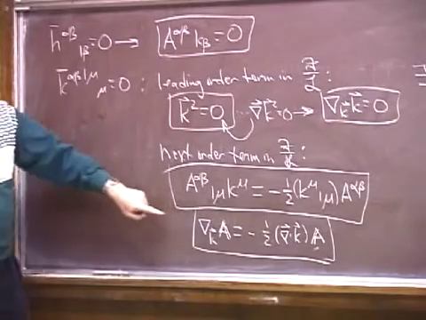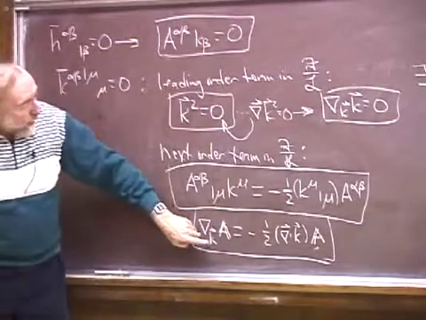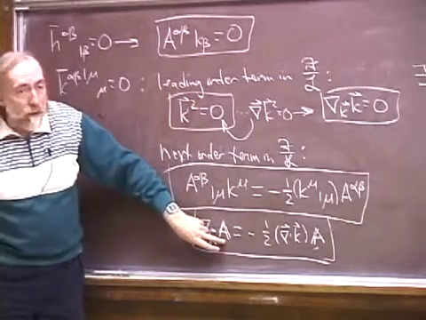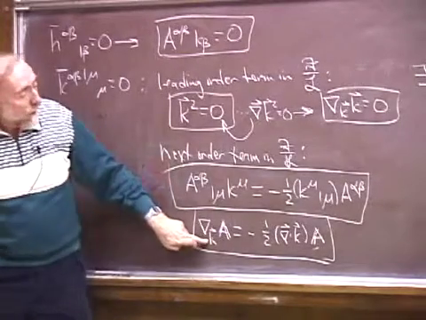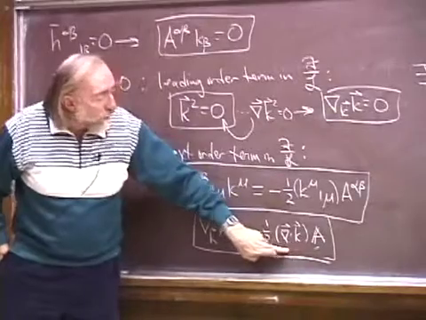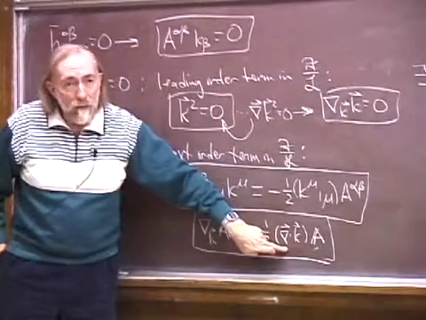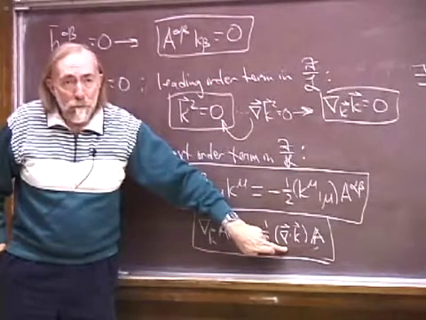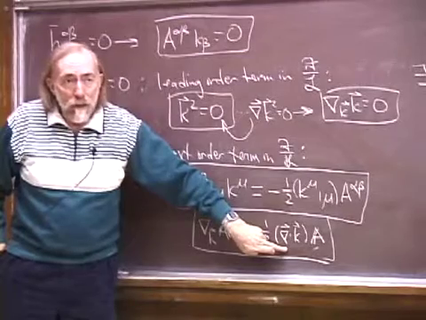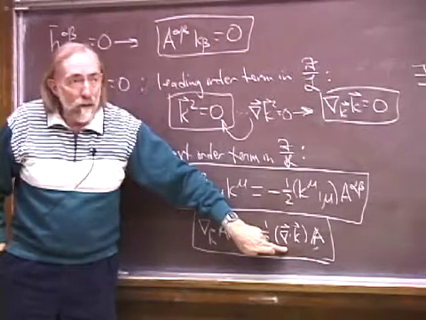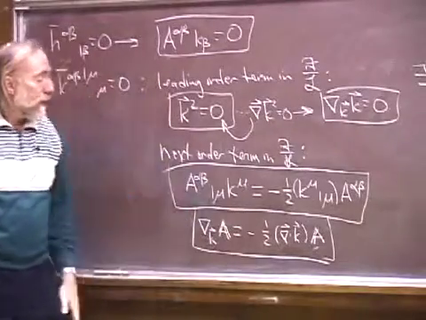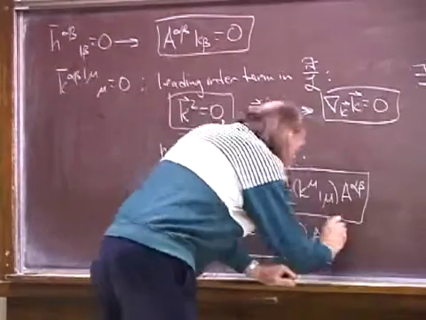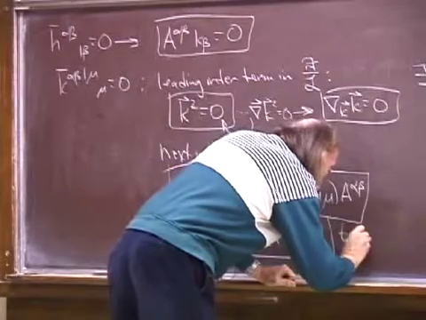What this says is that A is transported along the null rays according to a law that has it changing in some manner governed by the divergence of K. This is a transport law for the gravitational wave field, or the amplitude of the gravitational wave field, along the rays.